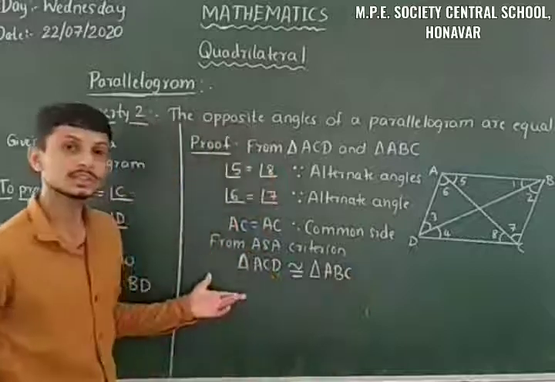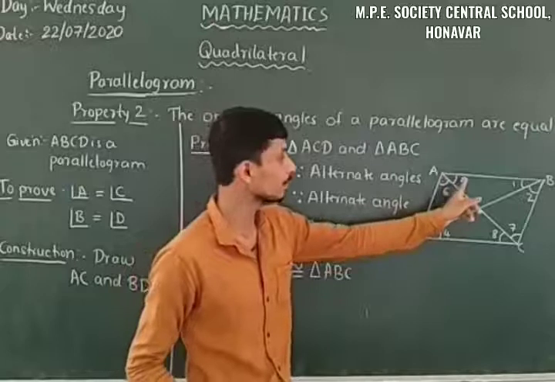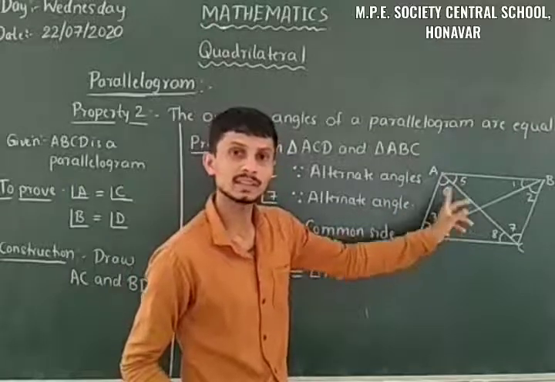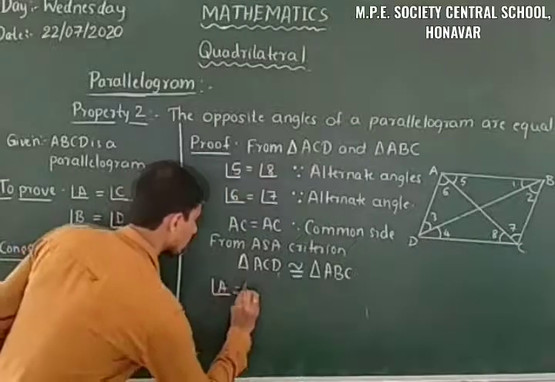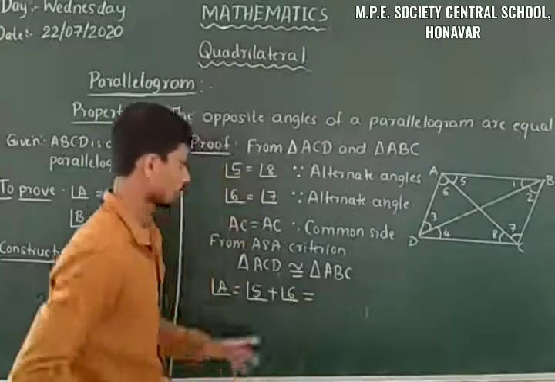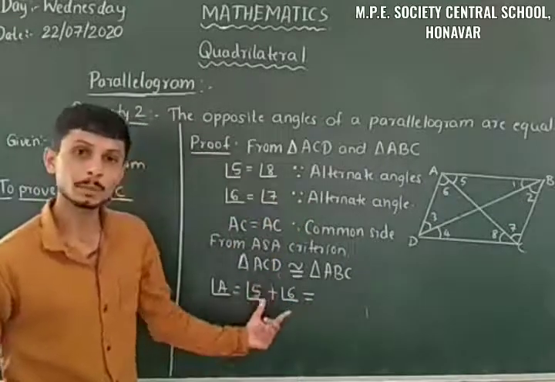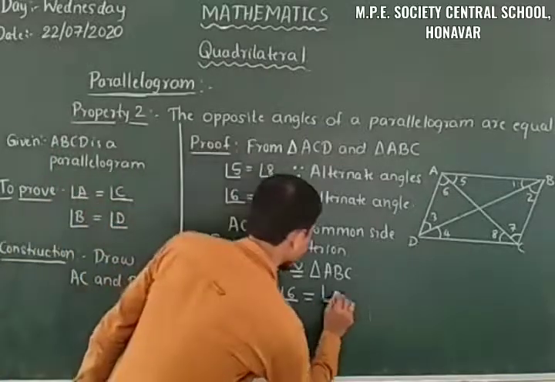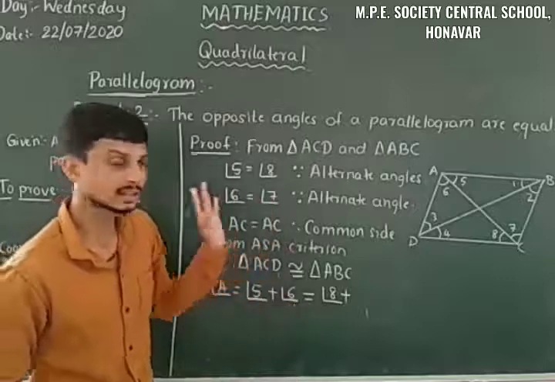Here also we have to consider angle A. Angle A is the sum of 5 plus 6. Observe that angle 5 is equal to angle 8, so in place of angle 5 I will consider angle 8, plus in place of angle 6 I will consider angle 7.